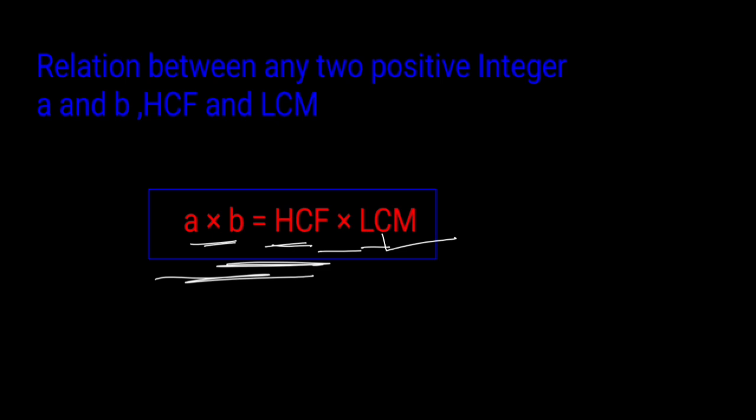If they give LCM and we want to find HCF, then also we can use this formula. This is the only formula given in the chapter Real Numbers, and this is the relationship between the positive integers a and b and their HCF and LCM.